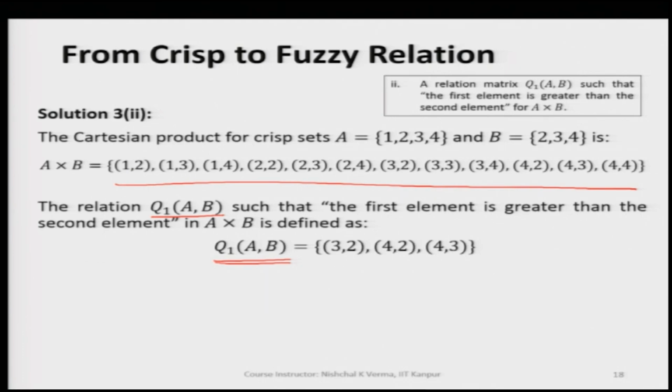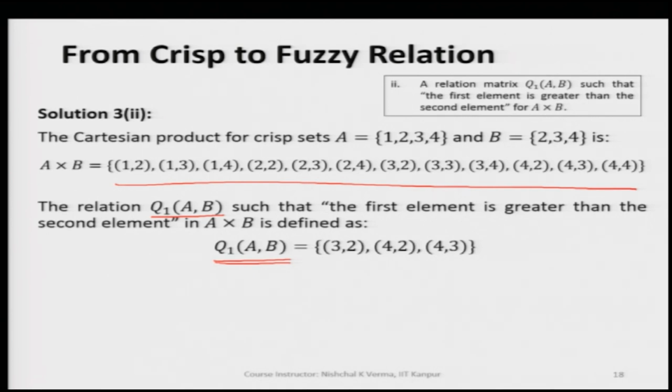First element greater than the second element means we have to look into all the ordered pairs, where the first element should be greater than the second element in the same pair.